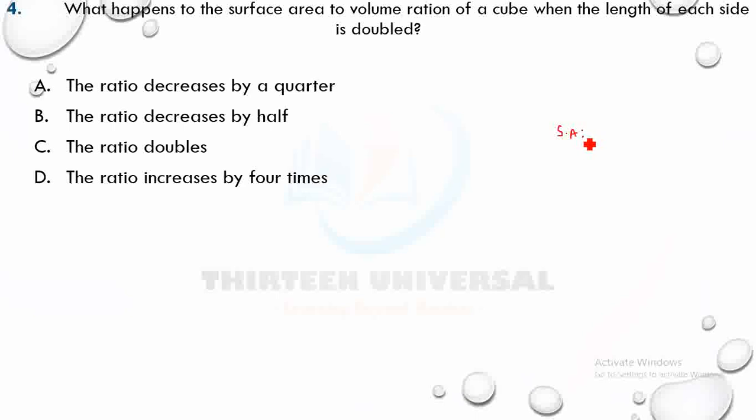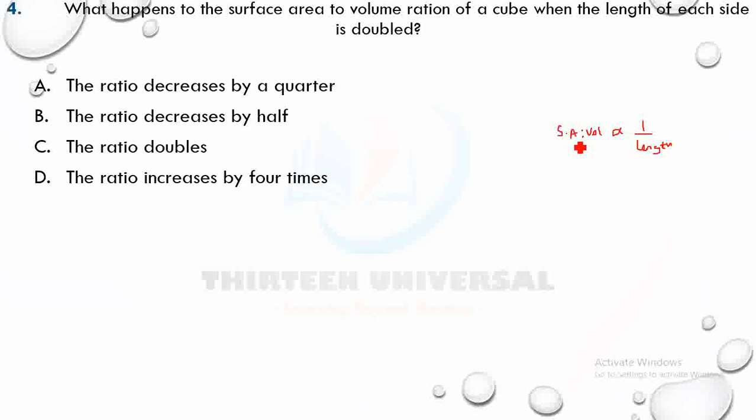By principle, surface area to volume ratio, this surface area over volume, is indirectly proportional to length. That means the longer the diffusion pathway of the organism or the cube, the lower the surface area to volume ratio.